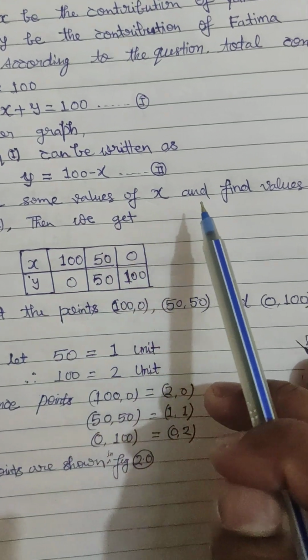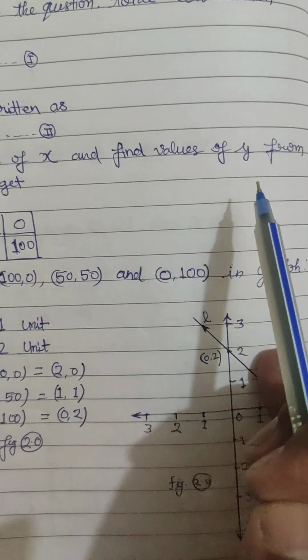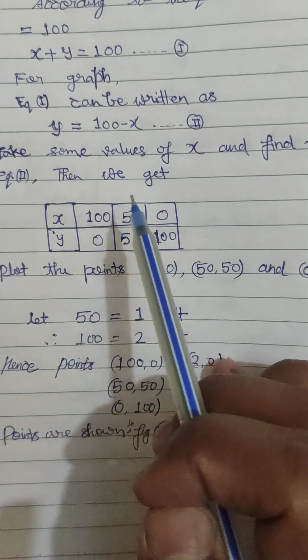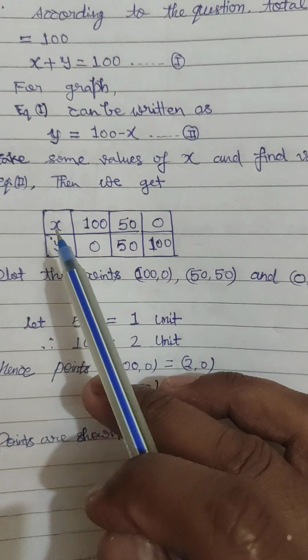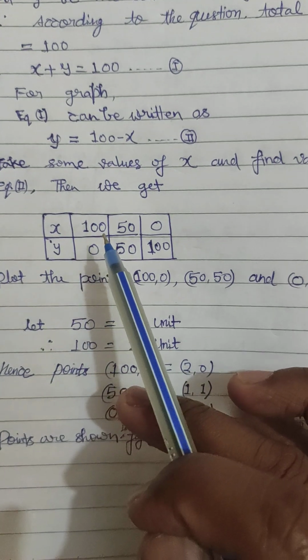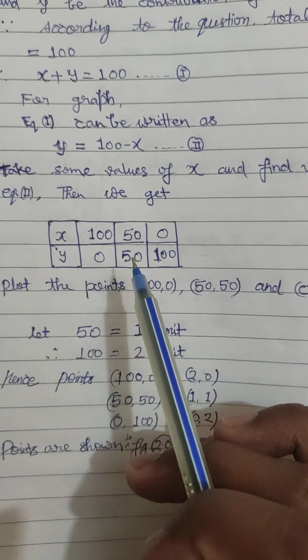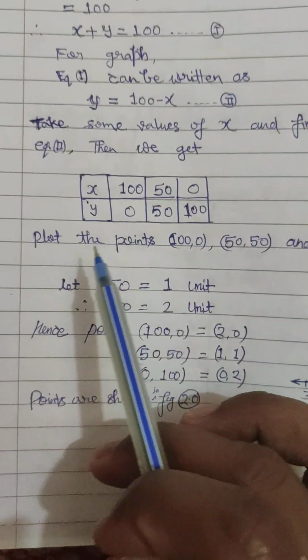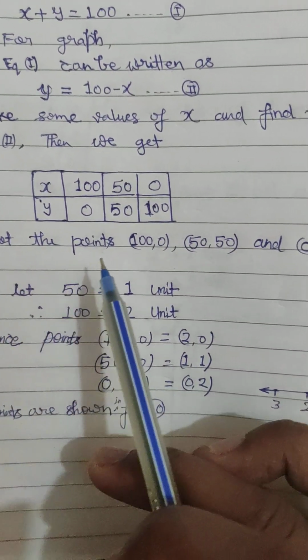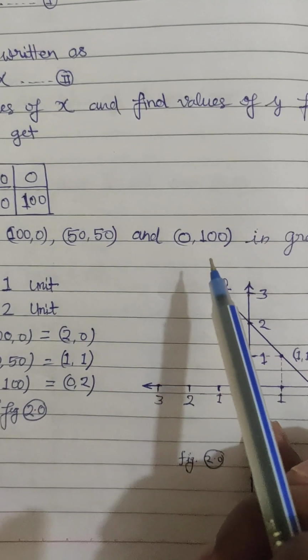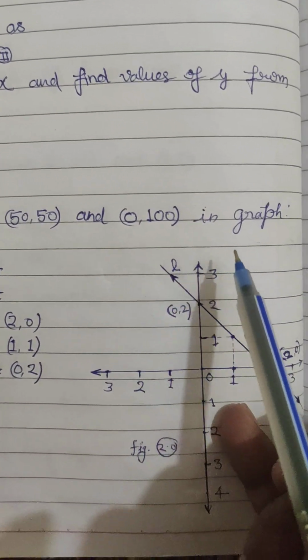Take some values of x and find values of y from equation 2. Now we will take x values 100, 50 and 0. So we will get y values 0, 50 and 100. Now plot the points (100, 0), (50, 50) and (0, 100) in the graph.